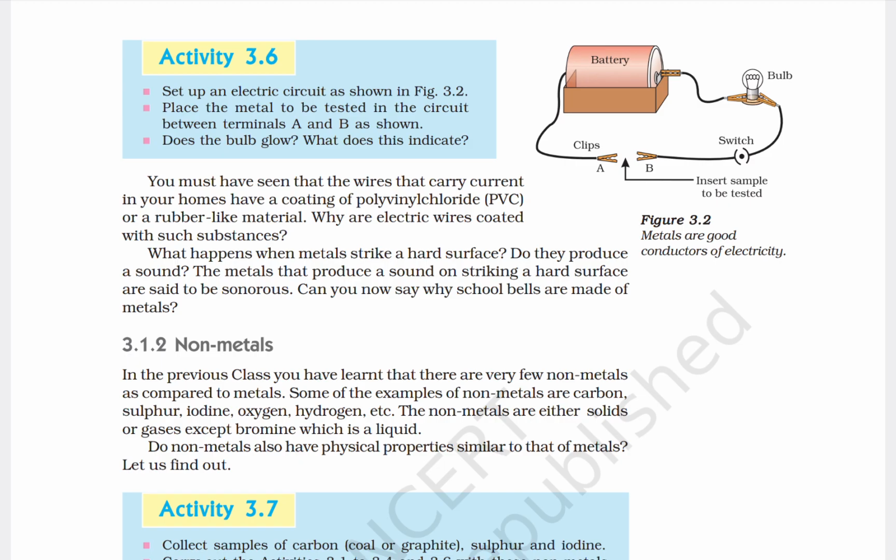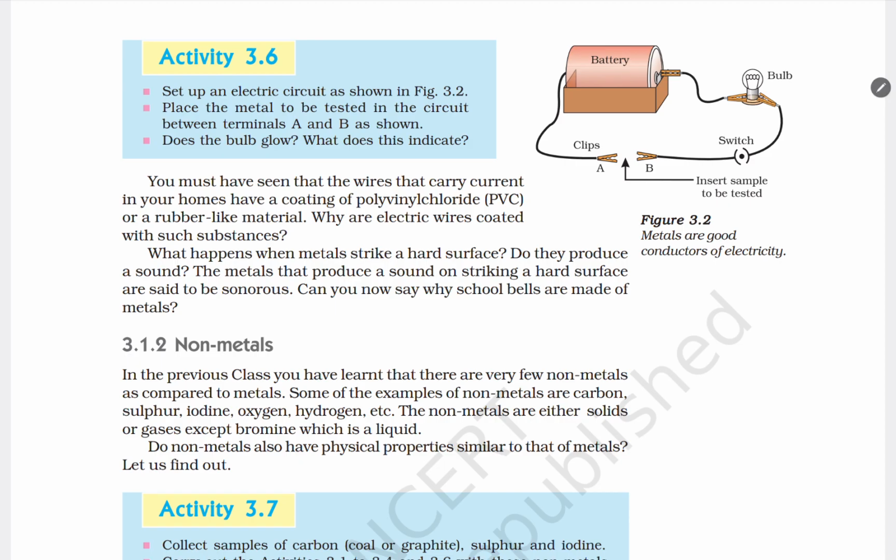If the plug is connected and you directly touch the copper wire, you will definitely get a shock. To protect from that, we coat the wire with rubber-like materials. So you need to observe that copper is a good conductor of electricity, but rubber or PVC is not a conductor of electricity, right? Just a recollection of the observations.